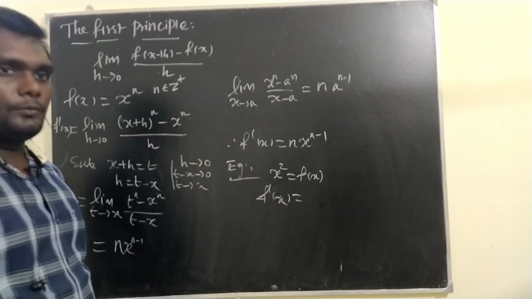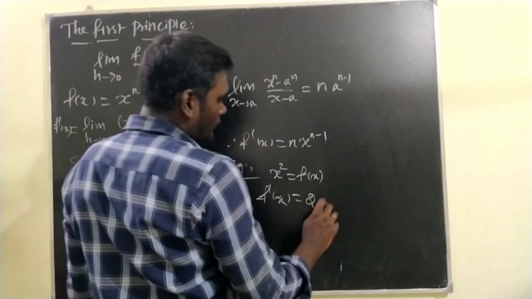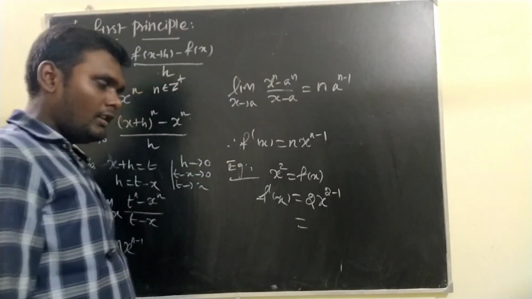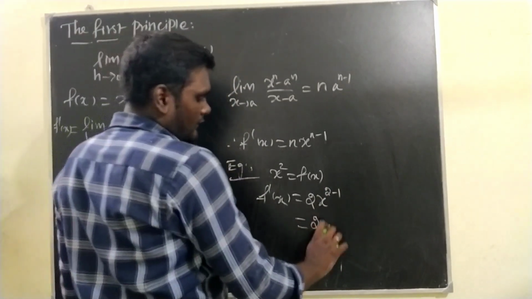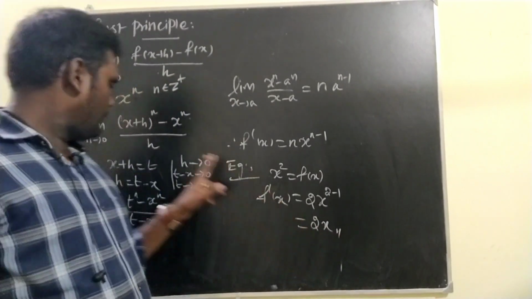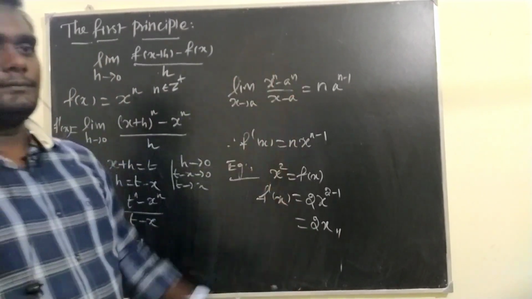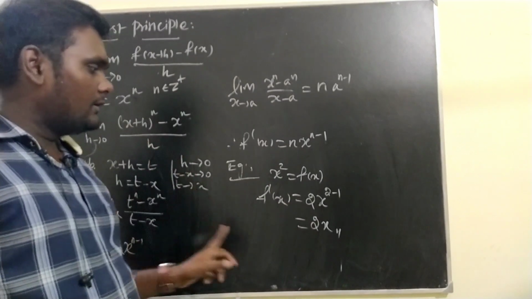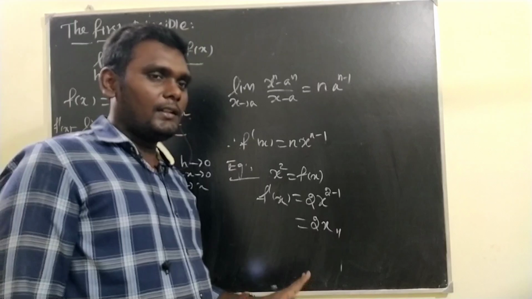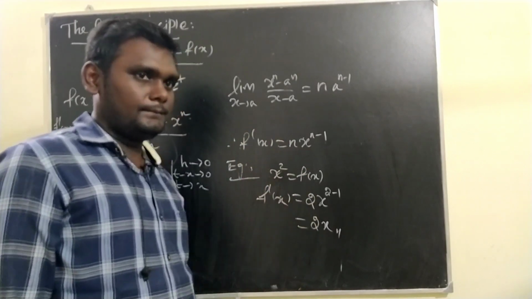N is 2. So our derivative is 2 into x power 2 minus 1, so the derivative is 2x. That is all. The same answer will come when you apply all these steps. So we use all these as our formulas.